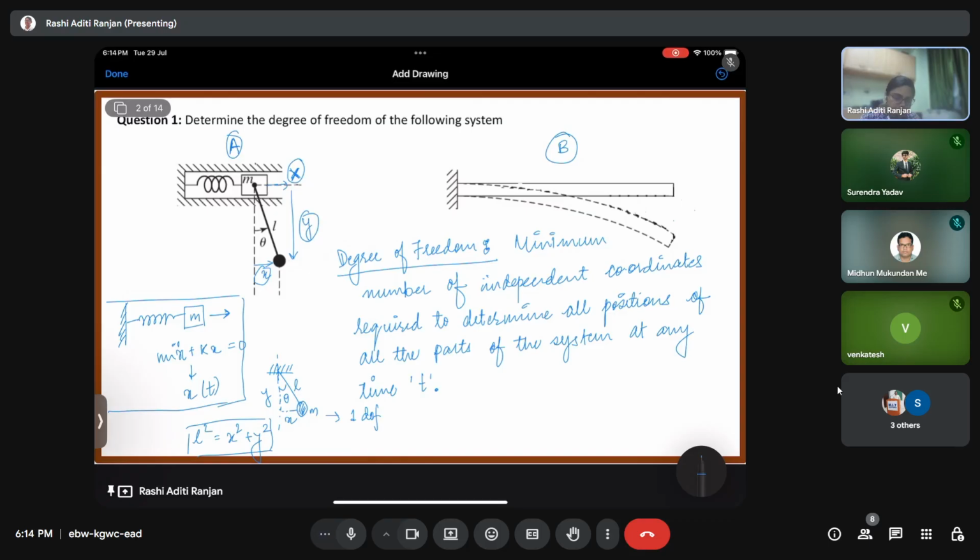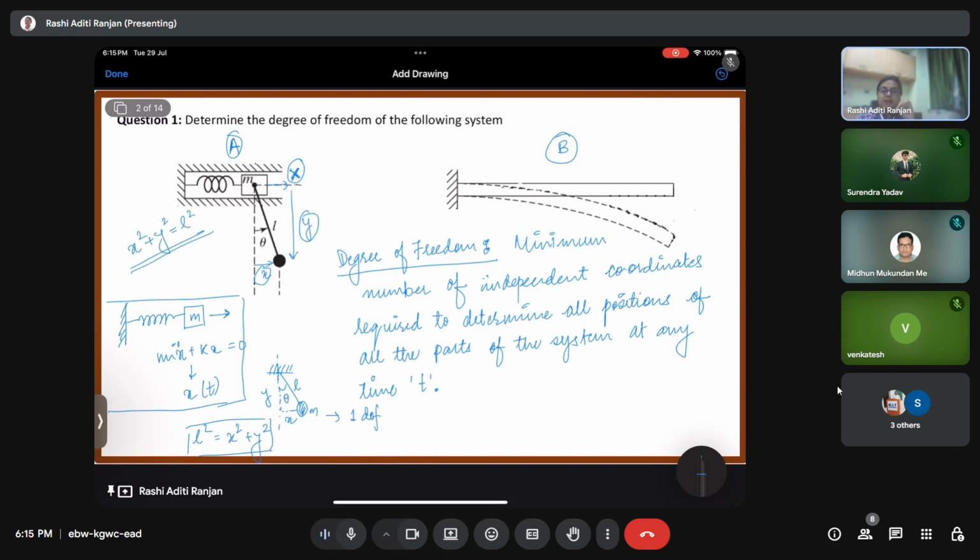Now again, since this is sort of a simple pendulum, though my reference point or the pivot point is moving, it is not at a static state. It is moving with time. But the relation of x square plus y square equals L square is always going to be true. Why?